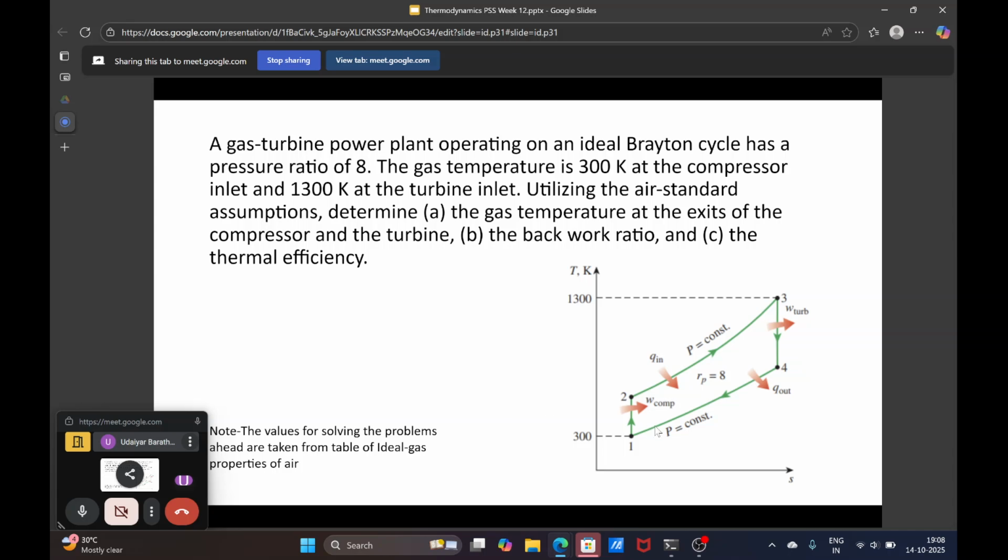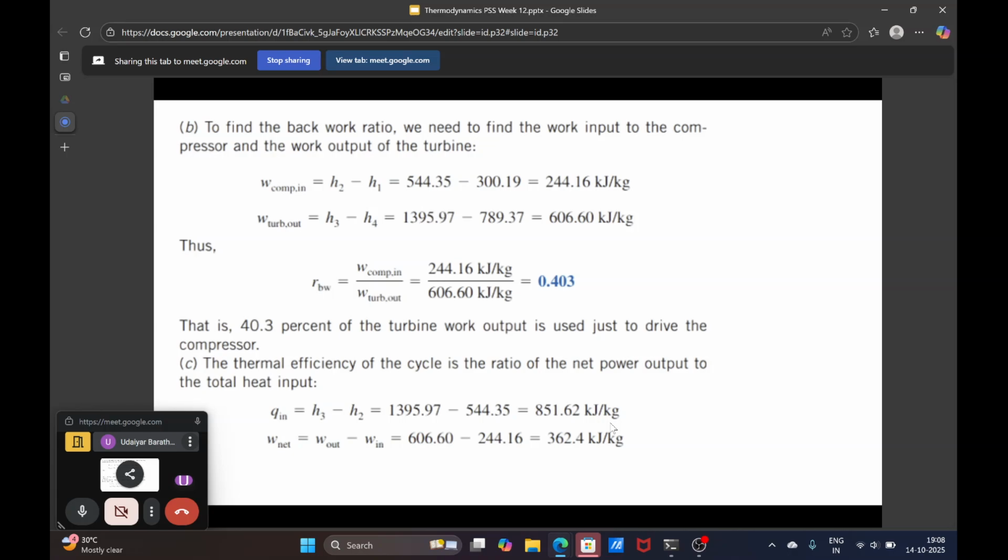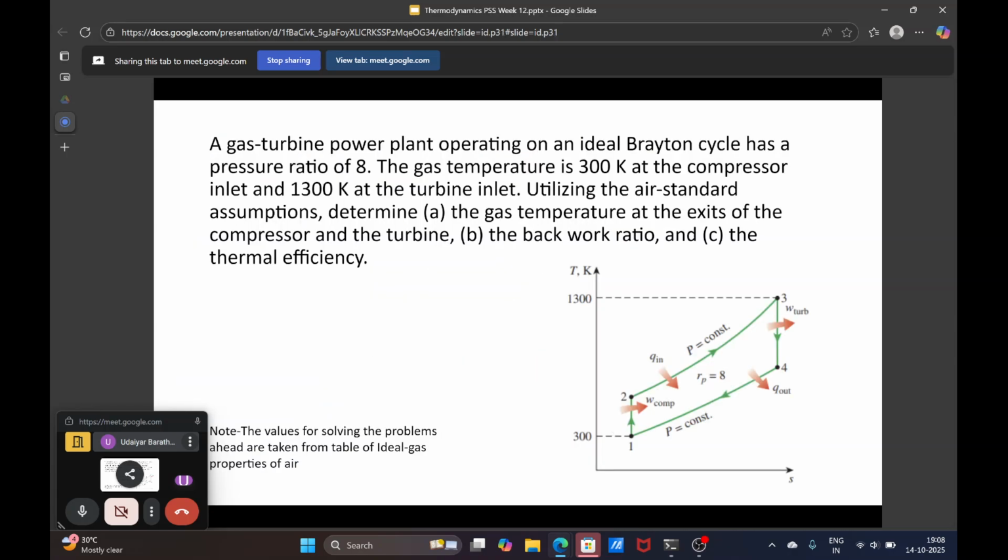And from the table, once we know the temperature and the pressure is known, we can estimate the enthalpies corresponding to the pressure P1 as 1 and P2 as 8, and the corresponding temperatures.